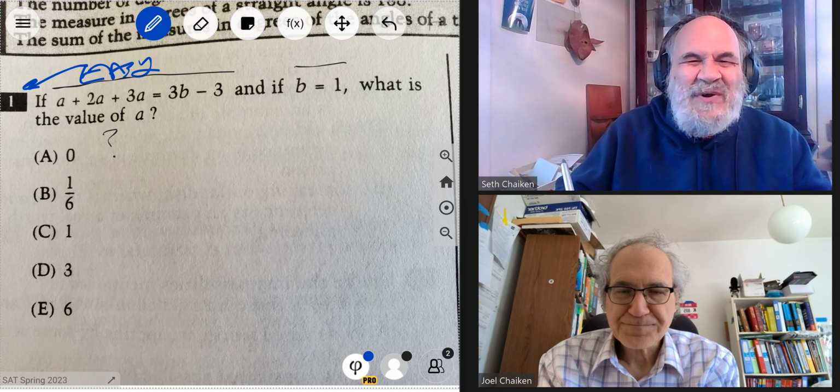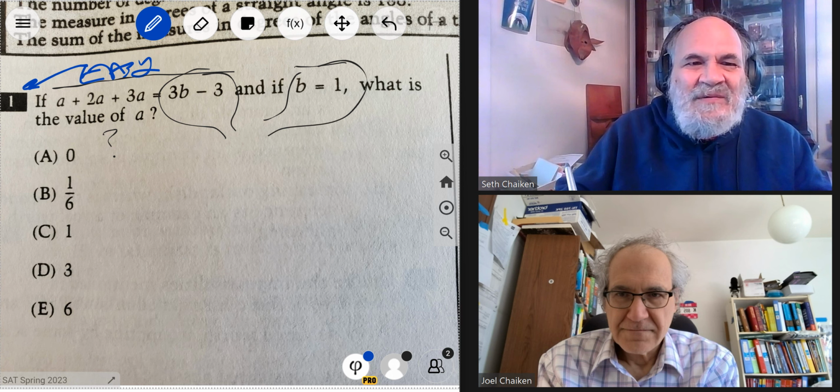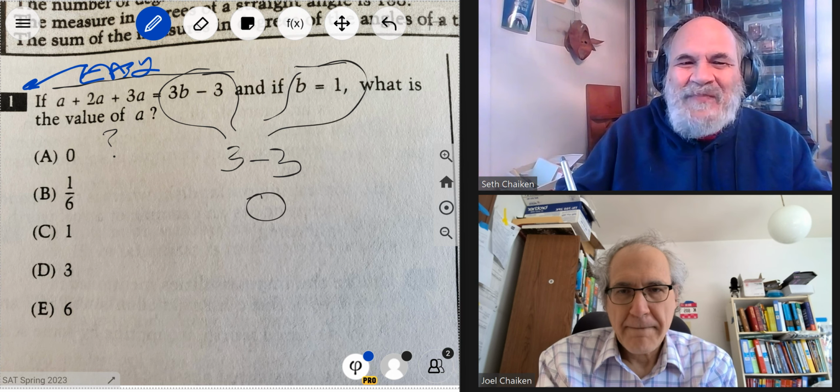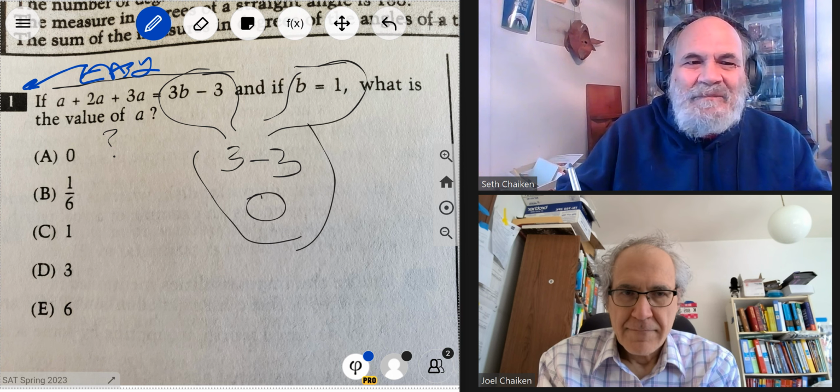So here's what I did. I thought about plugging B in. I put these two things together, and what I saw was 3 minus 3, because I put the 1 for B, which is 0. And then the whole thing equals 0.